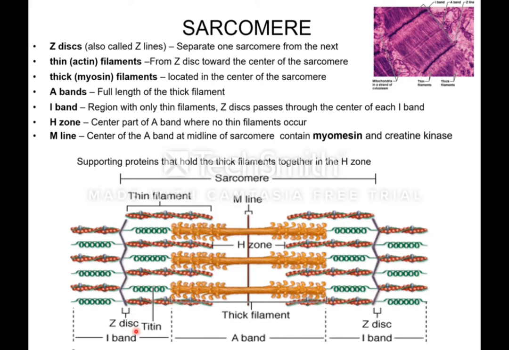And you can see another one here, titin, which holds the thick filaments to the Z disc. Most of the supporting or structural proteins are for bonding or holding the thin and thick filaments to other structures, and also maintain their diameter and length at normal length.